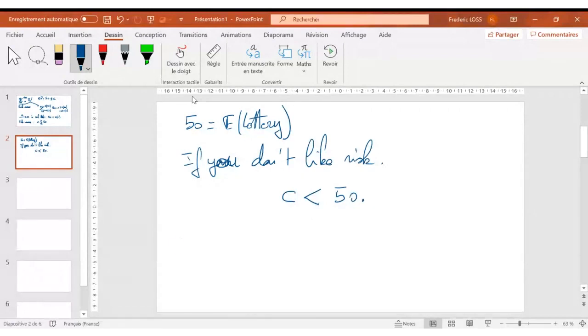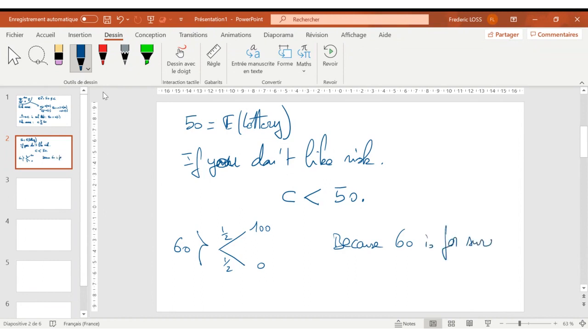Let's say, of course, I always prefer 60 to the lottery in which I'm going to have 100 or 0 with probability 1/2. Because 60 is for sure, and 60 is strictly higher than the expected value of the lottery.